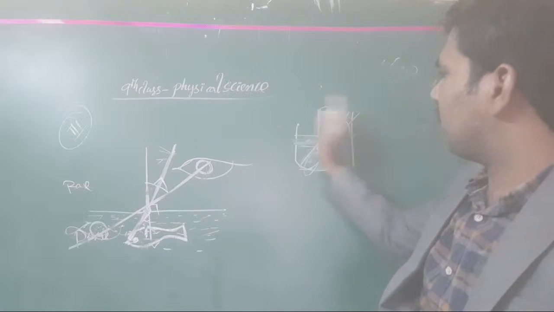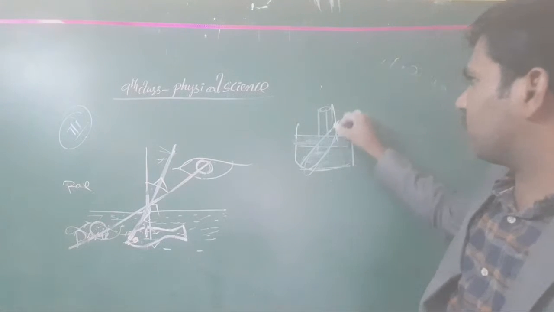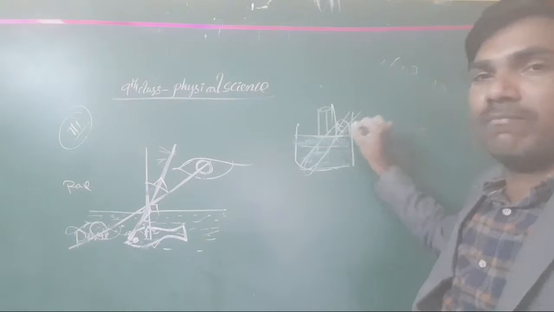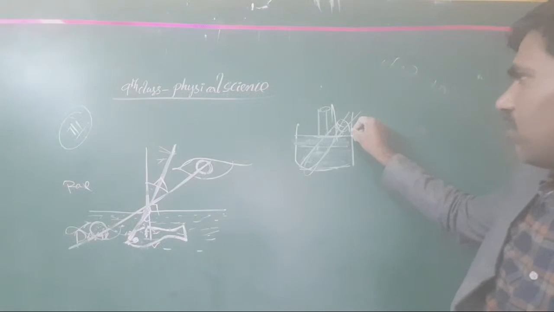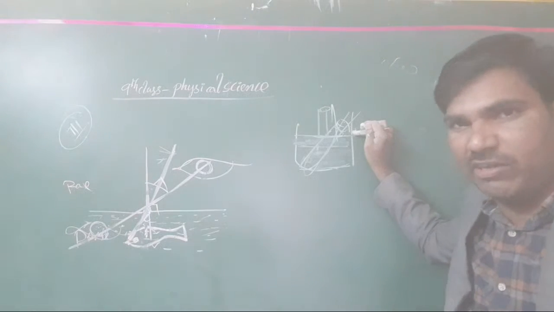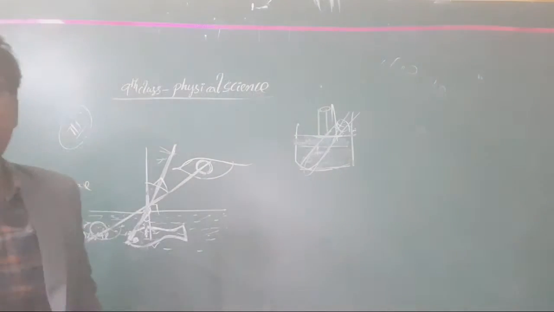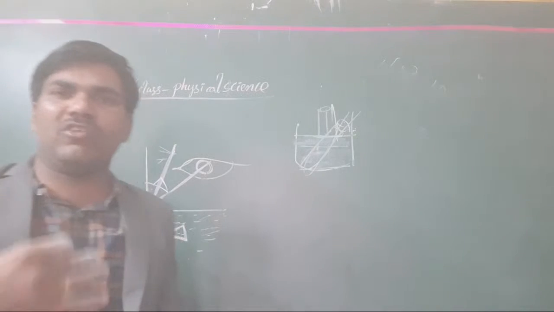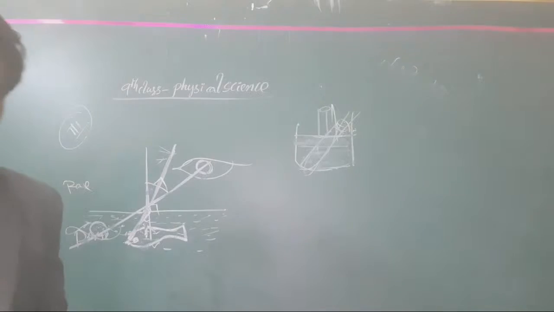Because when we make it at an angle, automatically due to refraction, the part up to where it is immersed appears for us. Otherwise, we may not get the correct position of our test tube. In the glass tumbler medium, we may not get the test tube in the same position where it is actually placed. Clear or not, all the students?